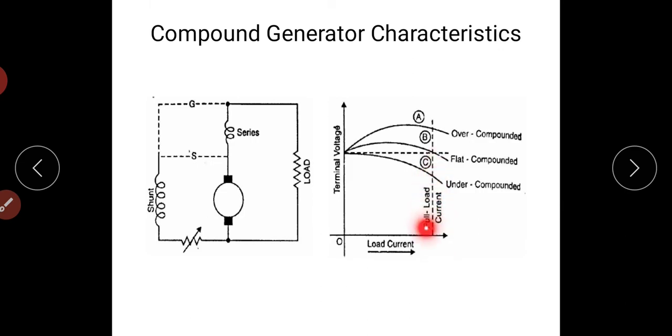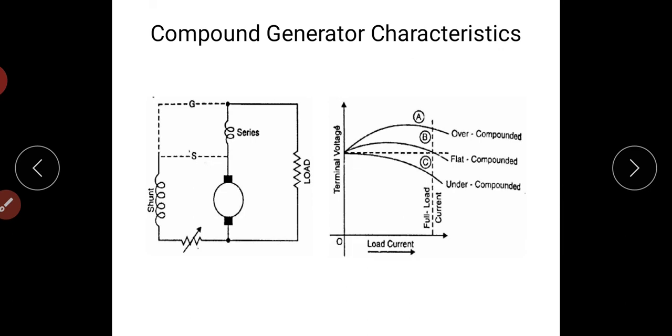So this generator is called an under compounded generator. Here the generator load voltage value is greater than the full load rated voltage value. Here both are equal, and here the generator terminal voltage value is less than the full load terminal voltage or full load rated voltage value.